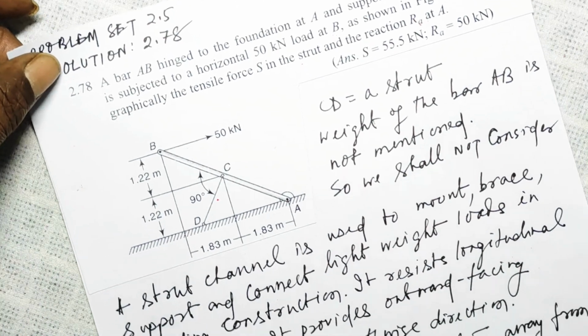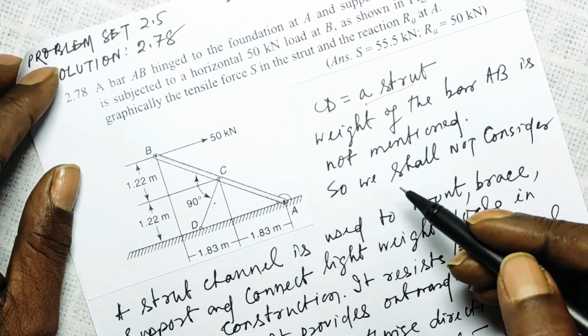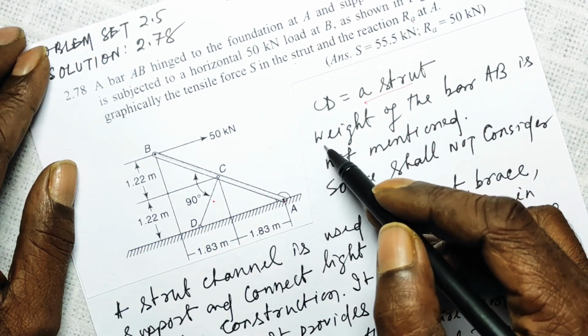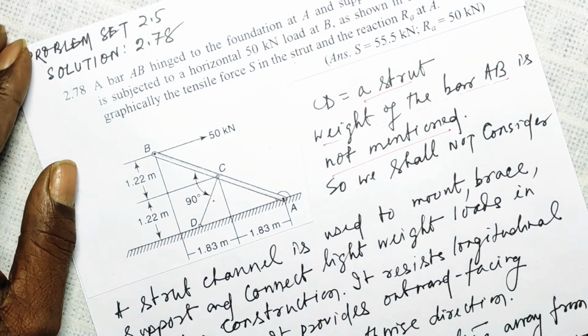So let us begin. CD part, this part is a strut. Initially the weight of the bar is not mentioned, so we shall not consider it, but we'll find it out at the end of the problem.